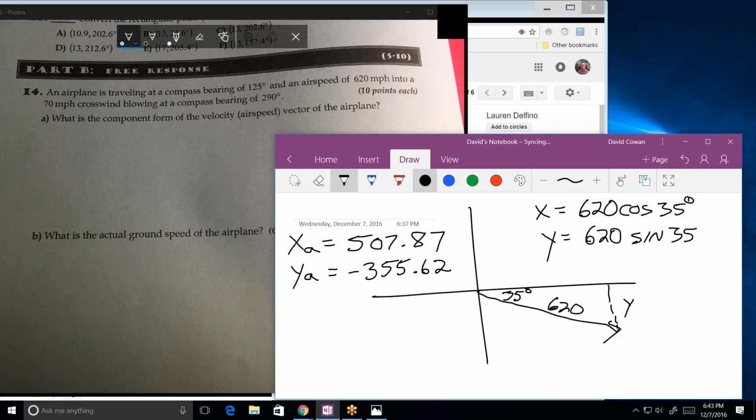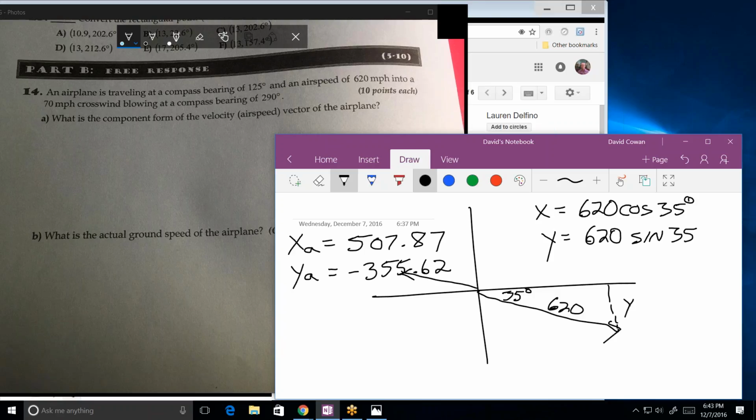Okay. Now let's talk about the wind. It's a 70-mile-an-hour crosswind blowing at a compass bearing of 290. Well, 290 must be that one, correct? In other words, if 0 is north and I go clockwise, 270 gets me to there.